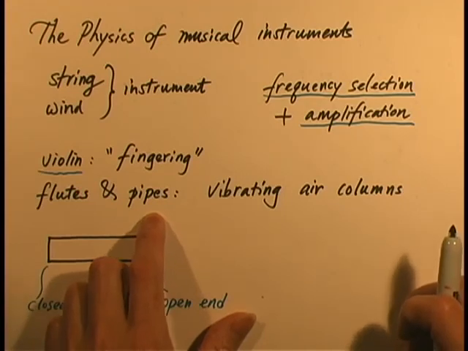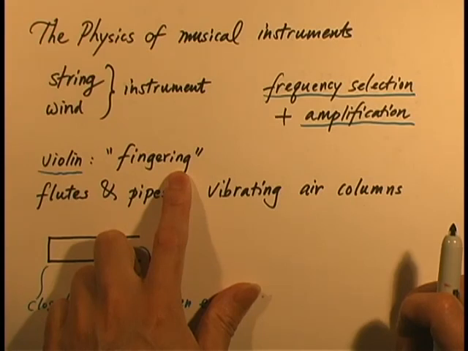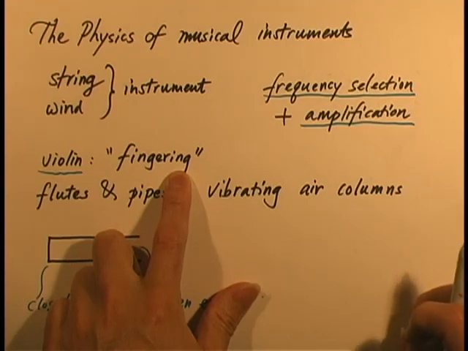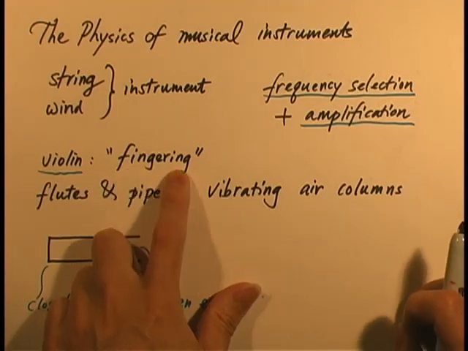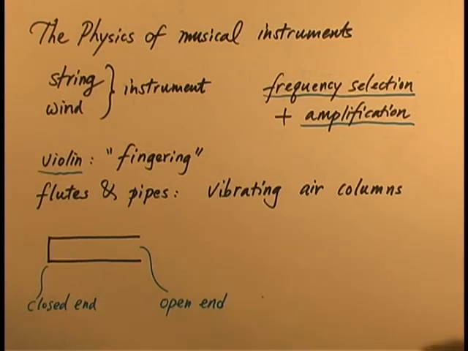So you are changing L by tapping the finger at a particular location on the string. Therefore, you can change the frequency. So this is how you use the violin to produce different tunes, different frequencies, by placing your finger at a certain location, therefore changing L.